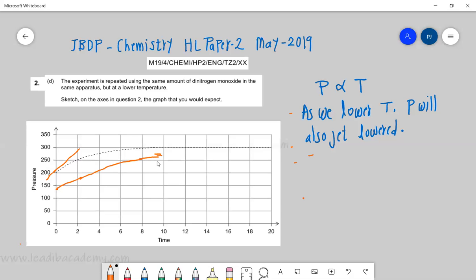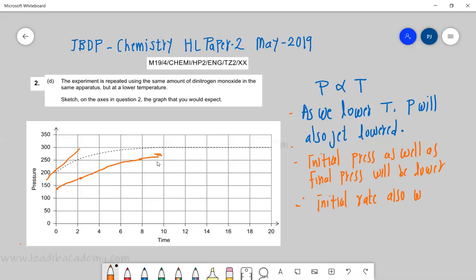So what we can say, initial pressure as well as final pressure will be lower, and initial rate also will be lower, because we have already proved that there is a direct correlation between pressure and initial rate.